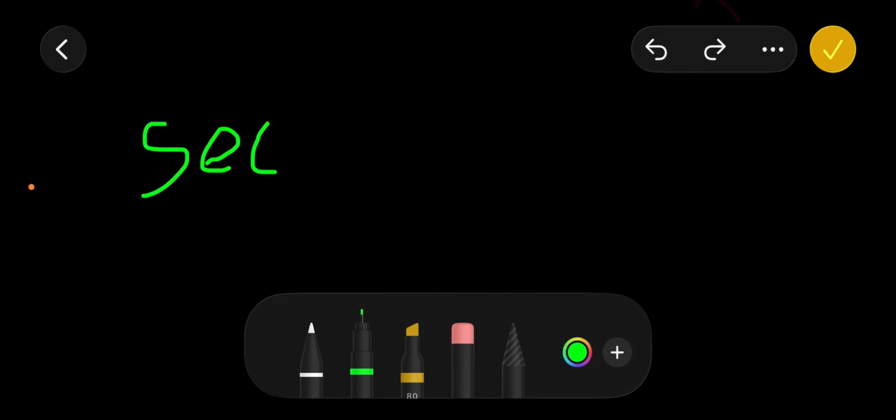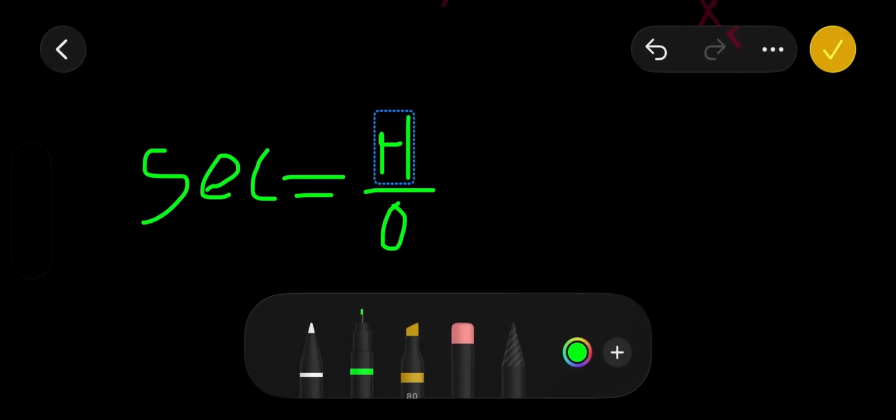So the secant formula, I think it's hypotenuse divided by opposite. Just like sine equals opposite over hypotenuse, secant equals hypotenuse over opposite.